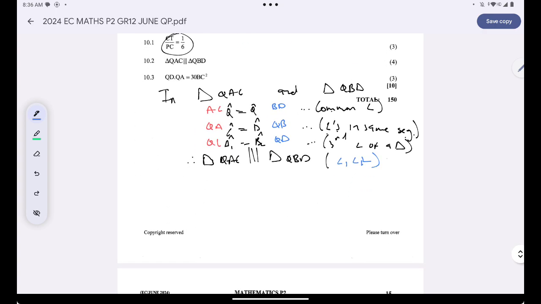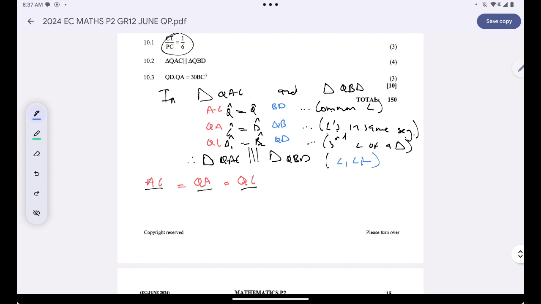Are you together? So from this, you can simply say AC over BD will be equal to QA over QB and QC all over QD. I want to write them in different colors to show that these corresponding sides do not come from one triangle.